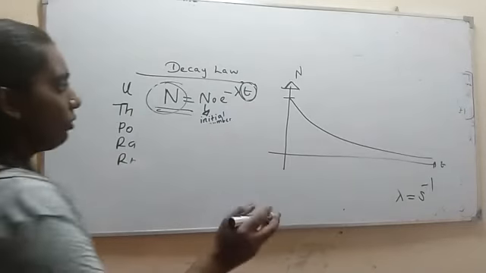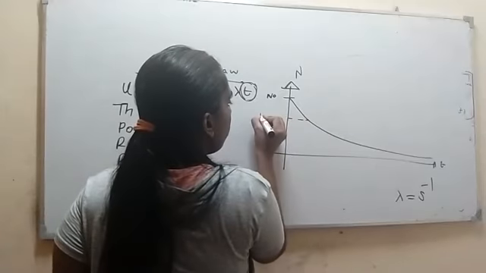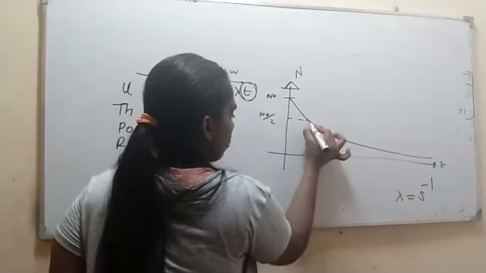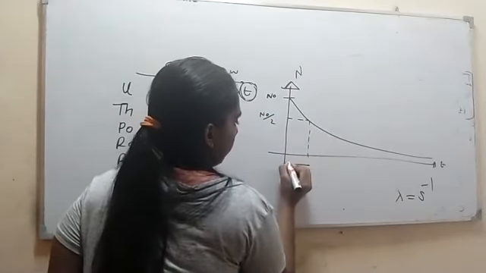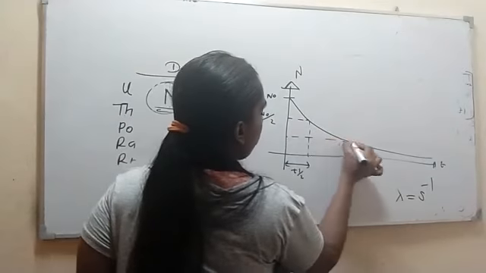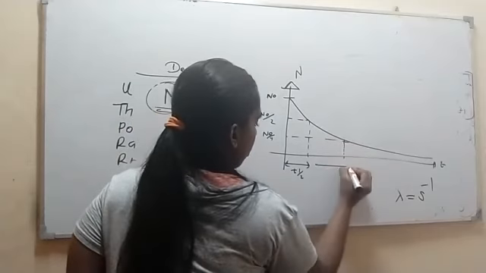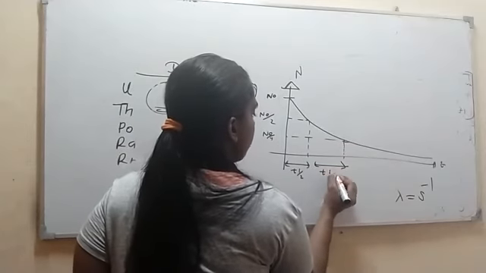That means half-life we are talking about: n naught becoming n naught by 2. That is one half-life, T half. We can mark it in a graph. Then n naught by 2 becoming n naught by 4. That is half-life. Half-life is always constant for a particular element.